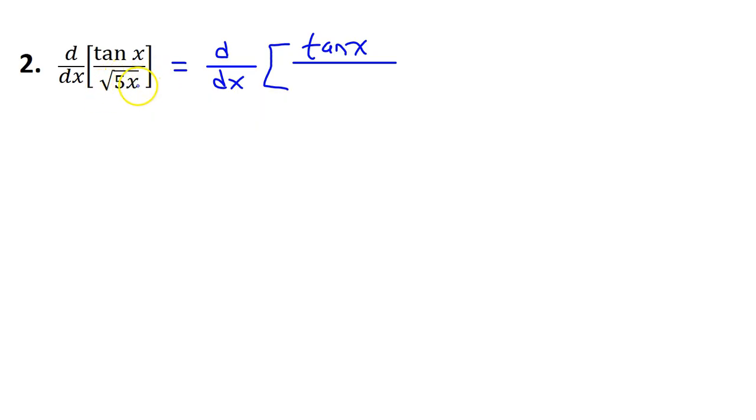The square root of 5x is the same thing as the square root of 5 times the square root of x. And I'm not really going to write this either. You saw it, but the square root of x is the same thing as x to the 1/2 power. So this is the rewrite that I recommend.